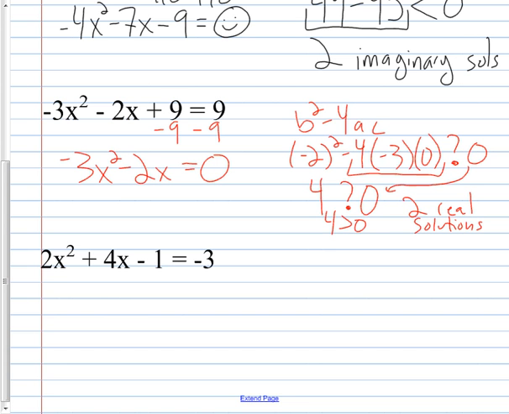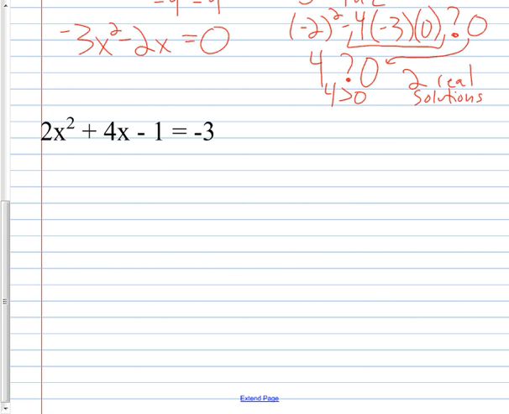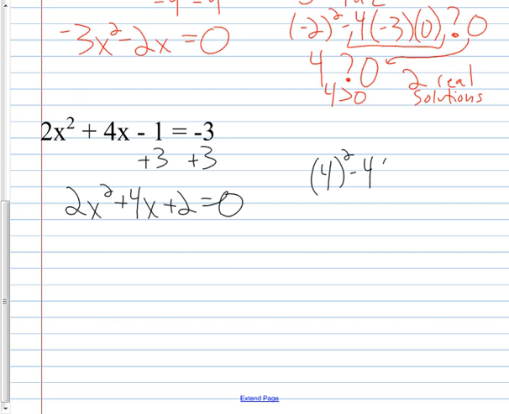Well, in the last example, if you can't already guess what's going to happen, same deal. We're not equal to 0 yet, so let's make it equal to 0. That's going to give us 2x squared plus 4x plus 2 equals 0. So we'll plug that into our discriminant. So b squared minus 4ac.